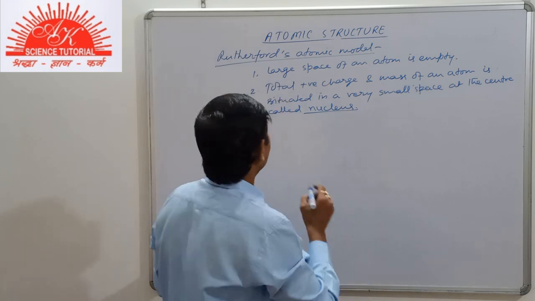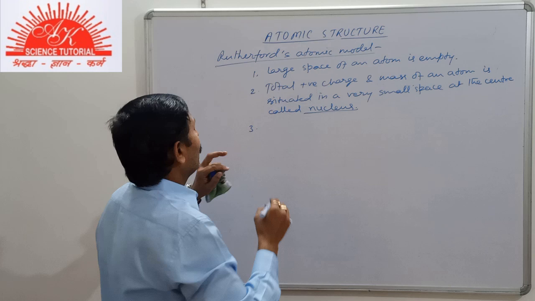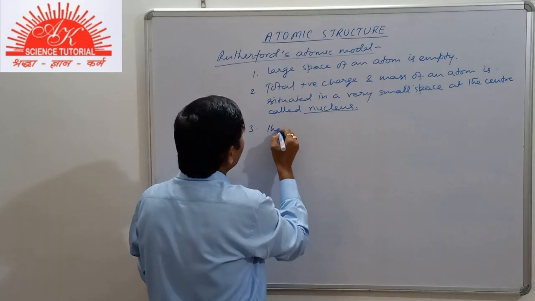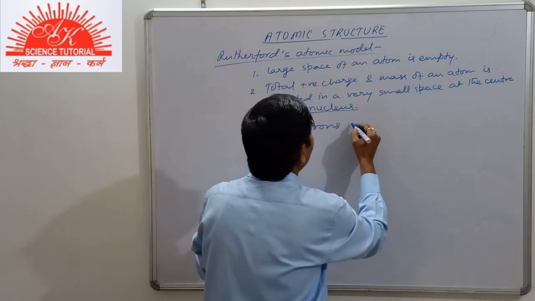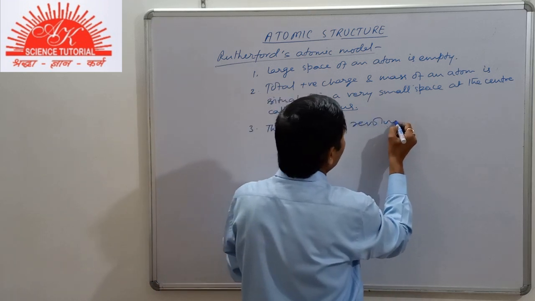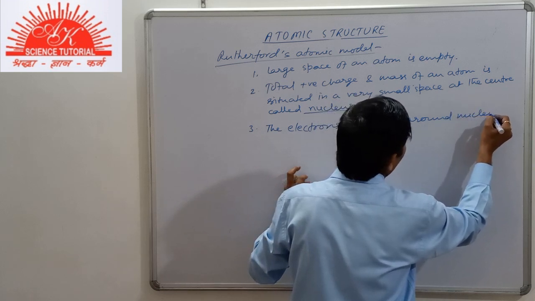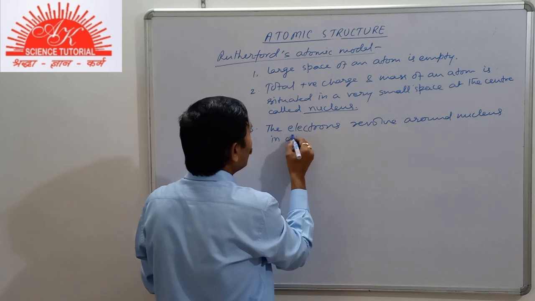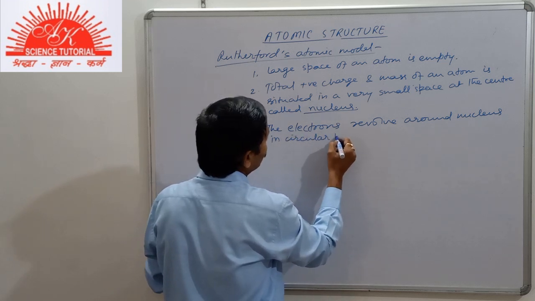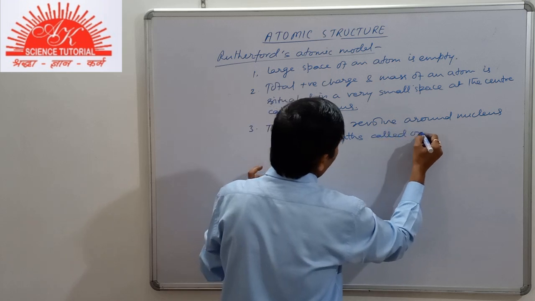Now next, third, the electrons revolve around the nucleus in circular paths called orbits.